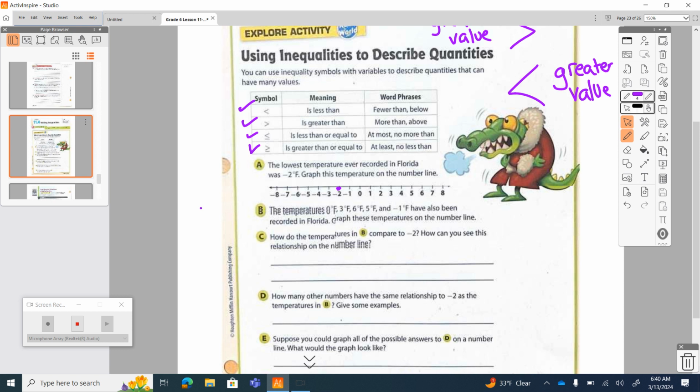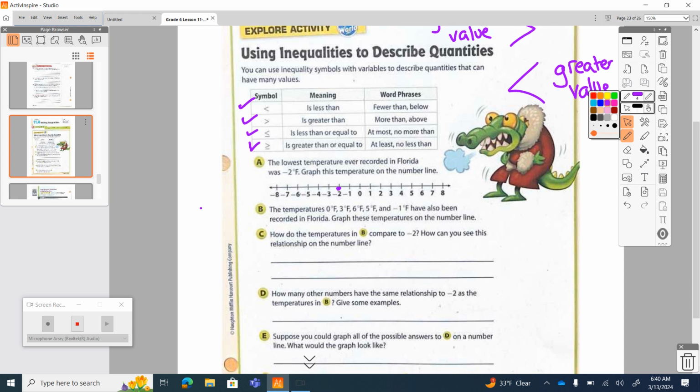So let's look at this. 0, 3, 6 and 5. Since all of these are greater than -2, we draw a line. Anything that is a larger value than -2 is a possible temperature.